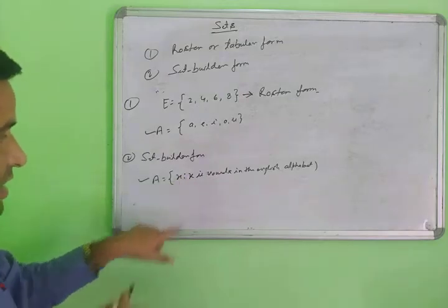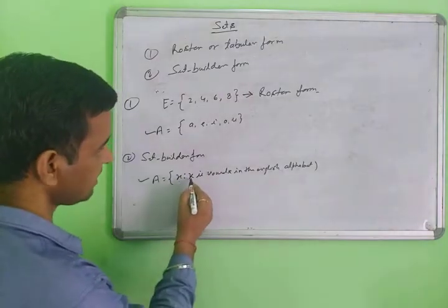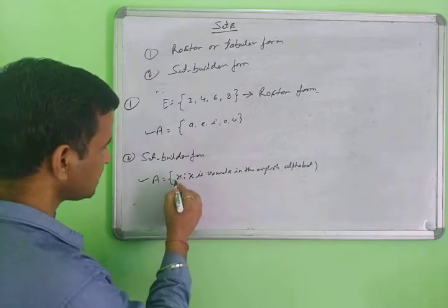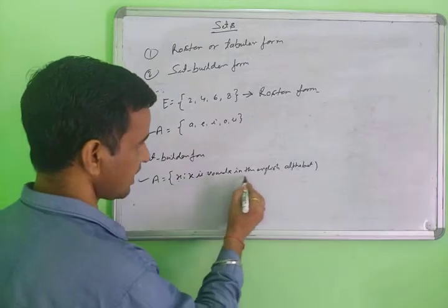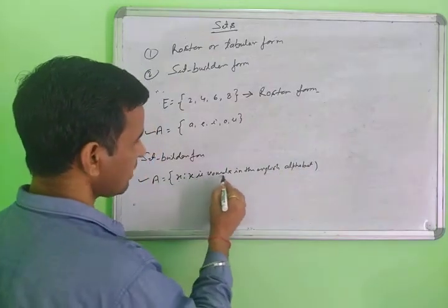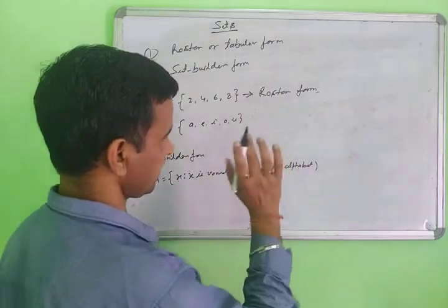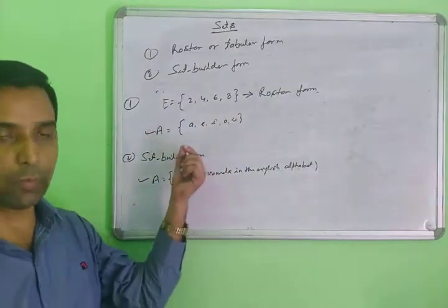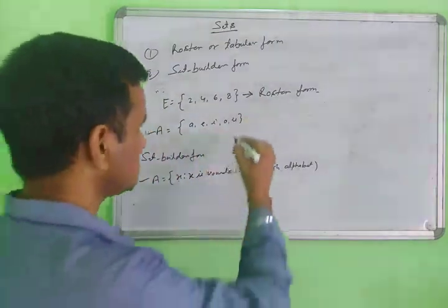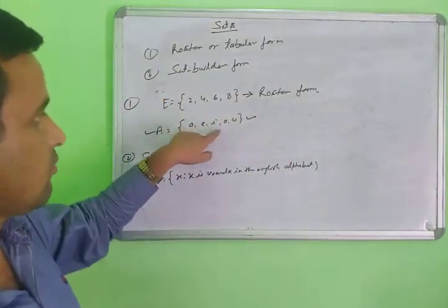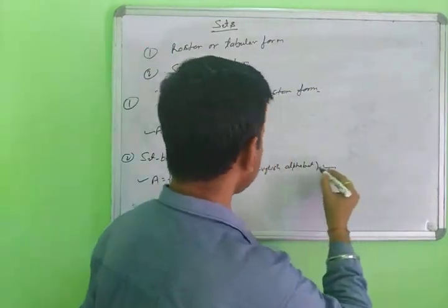What does this x represent? X is the vowels in the English alphabet. You know the English vowels: A, E, I, O, U. This is the roster form, and this is the set builder form.